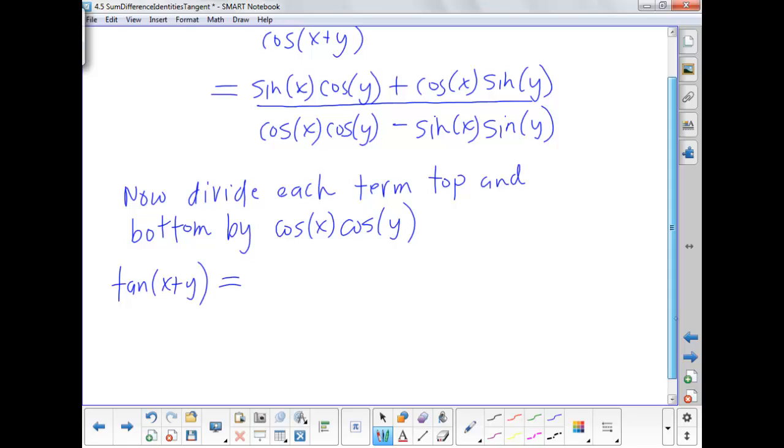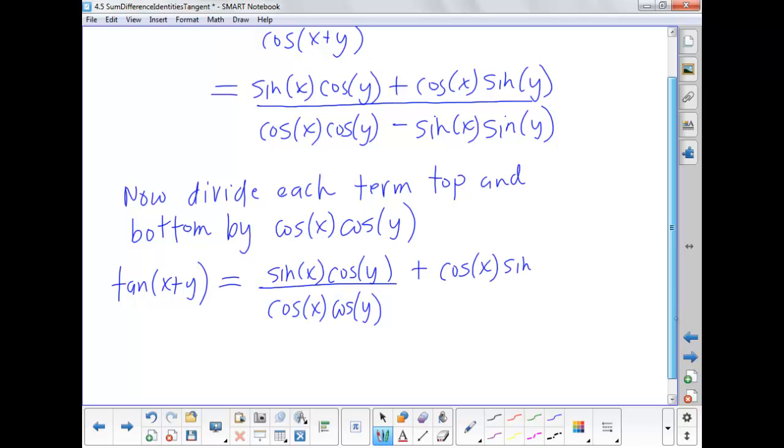So what we'll end up getting, again looking at tangent of x plus y, is on the top sine of x cos of y divided by cos of x times cos of y, plus cos of x sine of y divided by, again, cos of x cos of y. That would be my new numerator.